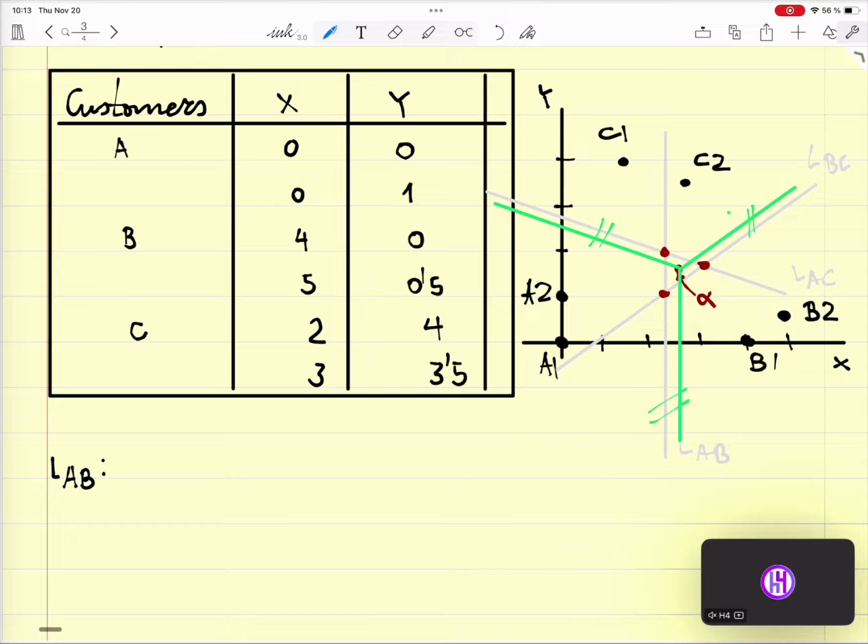Okay? For this line, we take two extreme lines: one going through A2 and B1, and the other going between A1 and B2.